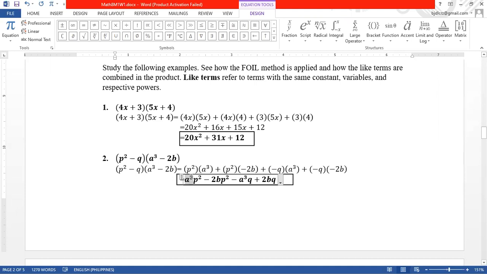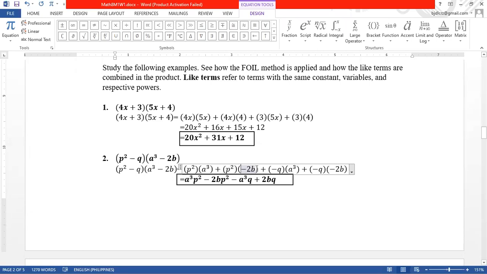But then, they still differ in their exponent. The one with the bigger exponent, we put first. Always remember that. So A cubed, P squared, plus P squared multiplied to negative 2B. Since this is negative, we use negative.